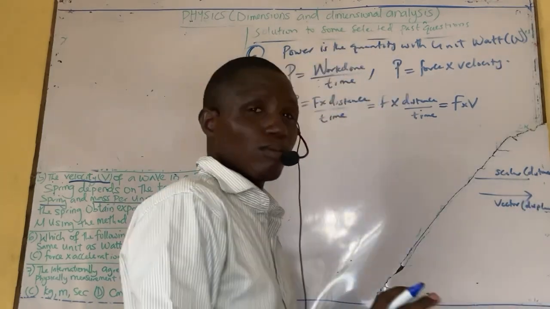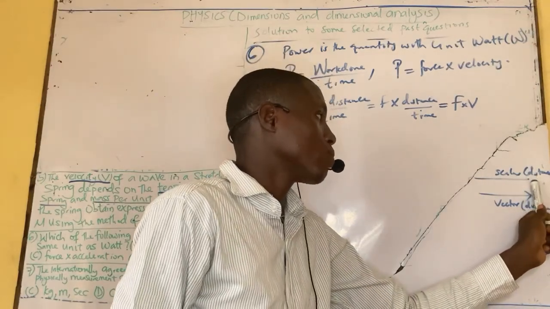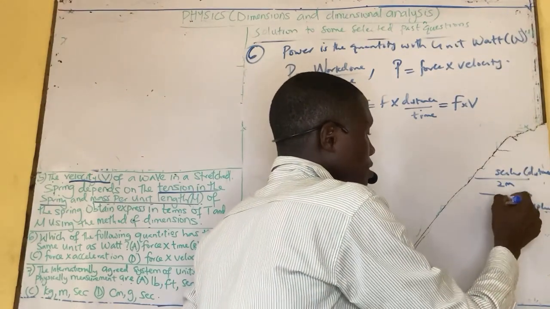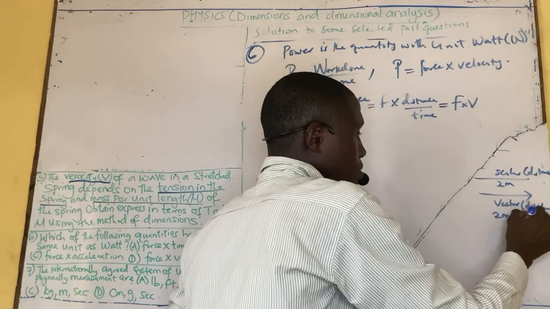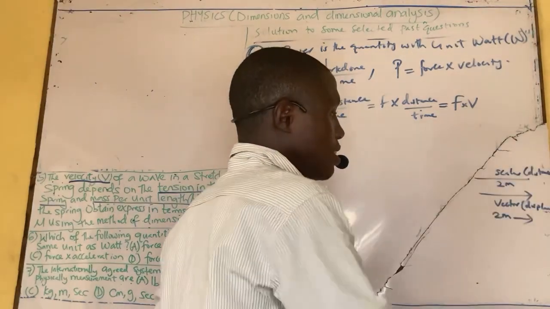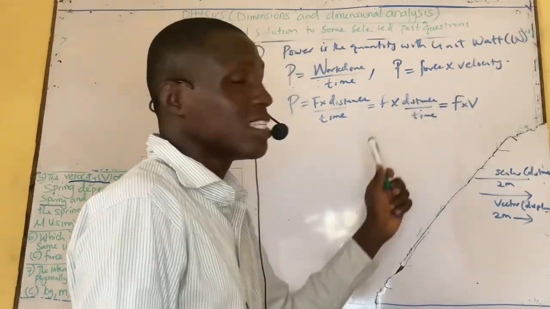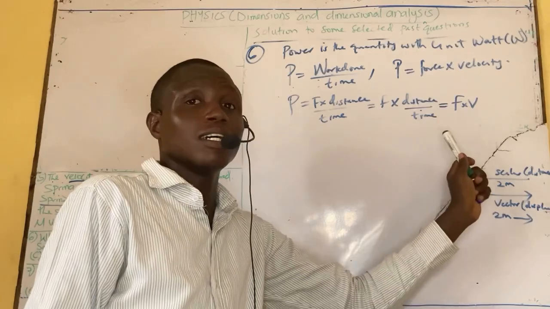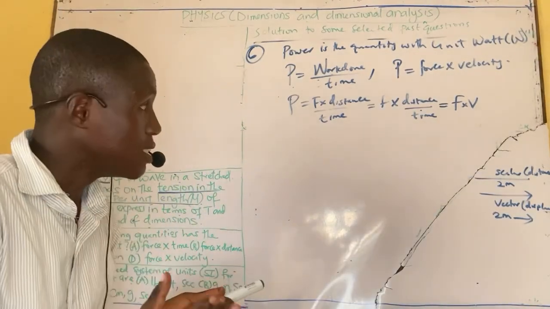I don't want to take much of our time on this video. Distance has just 2 meters, while displacement has 2 meters and a direction. Go and watch my video on that. But they can be used interchangeably, because they are both measured in meters, though they are not the same.